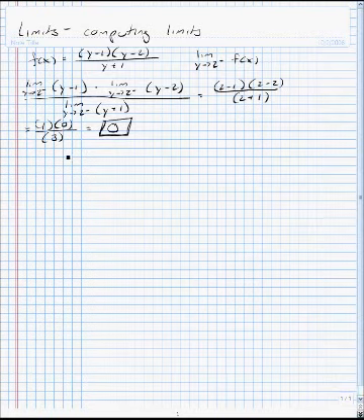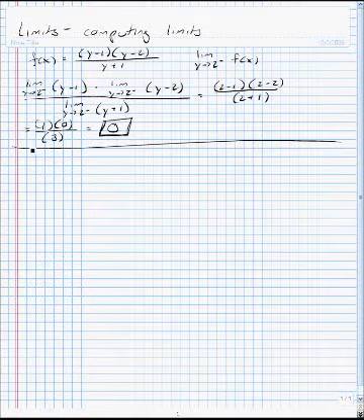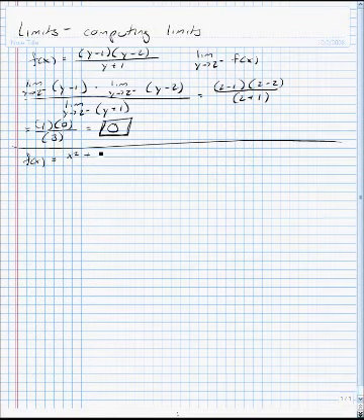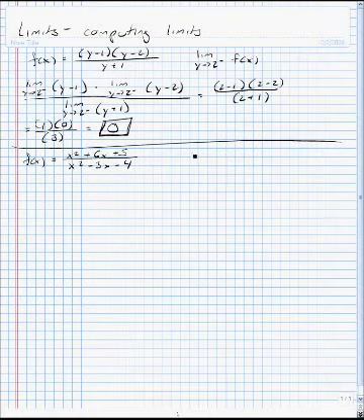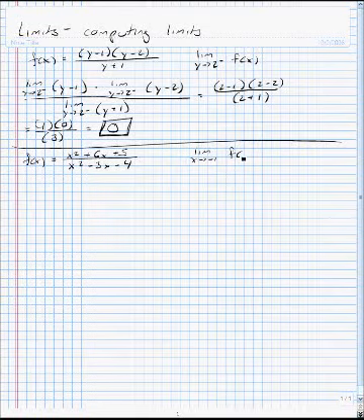The next example, we'll be doing another one. So we'll take f of x. This time f of x will be equal to x squared plus 6x plus 5 over x squared minus 3x minus 4. And we're asked to find the limit as x approaches minus 1 of f of x.